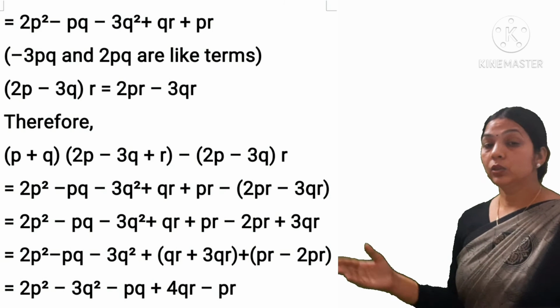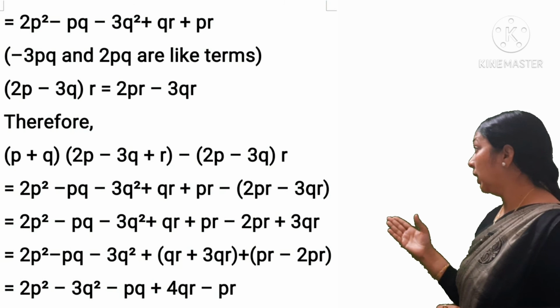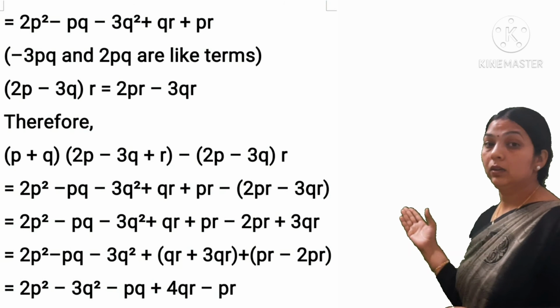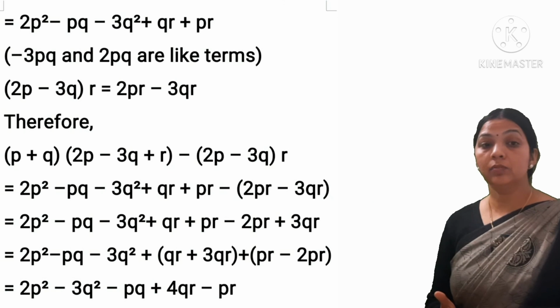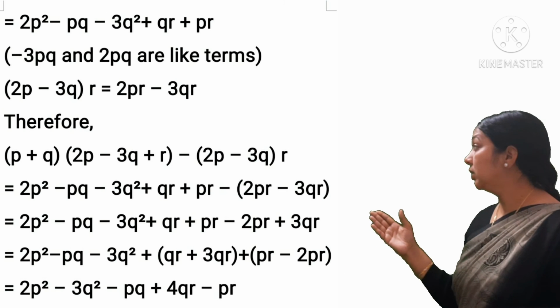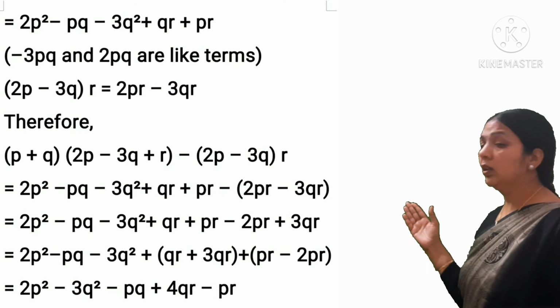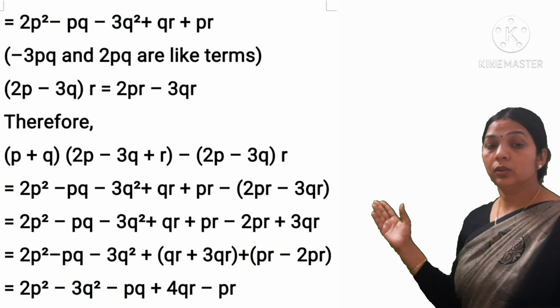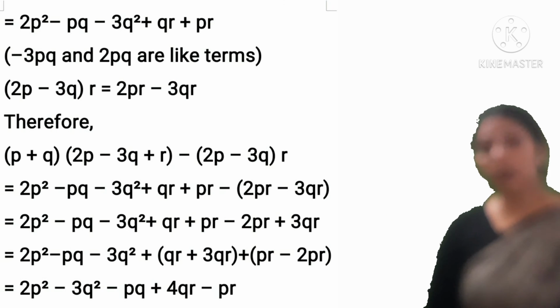Here you can see 2p square minus pq minus 3q square plus qr plus pr is the answer. Then we will add the like terms and it would result in the final simplified expression. So in this way we will solve the question.